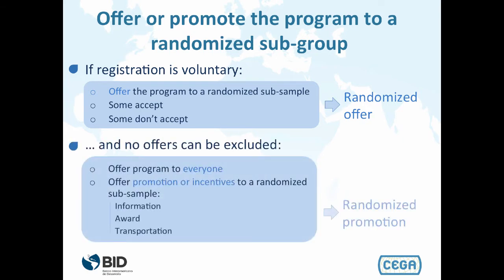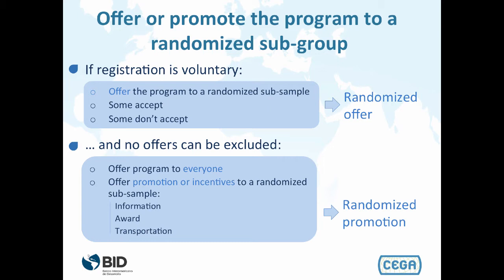If no one can be excluded, we offer the program to everybody, but we offer a promotion, incentive, or encouragement to a randomized subsample, such as information, rewards, monetary and non-monetary, or transportation. This is called randomized promotion.